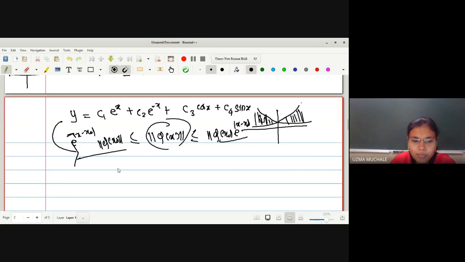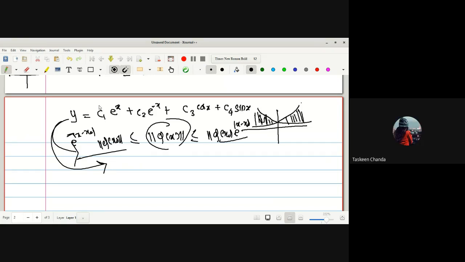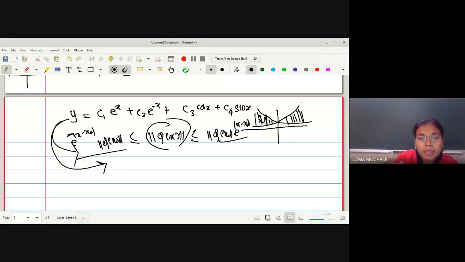For different values of C1 and C2, how many equations can I get? Can anyone tell me, for different values of C1 and C2, how many equations I can write for this? So how many different values of C1 and C2 can I get?